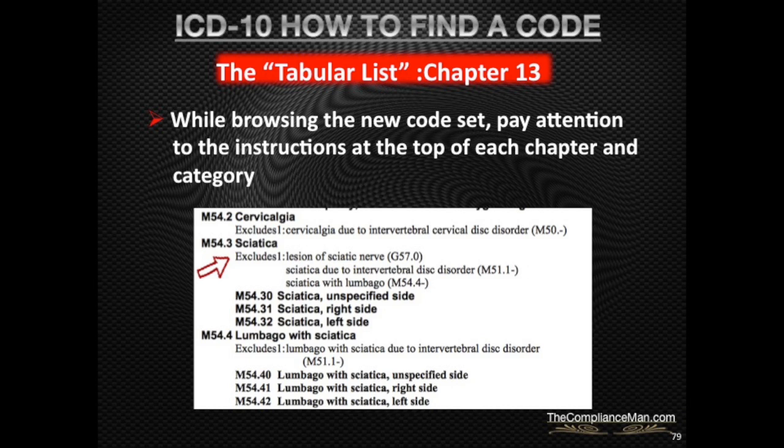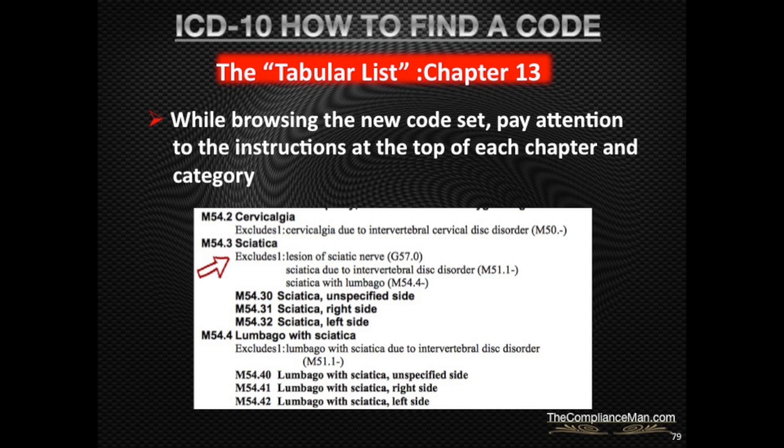So in this instance, you'll see sciatica due to intervertebral disc disorder, which would be a lot more specific, and it would also increase the complexity of the condition, notifying the insurance company that this condition may take longer to improve, giving you more time to treat the patient.